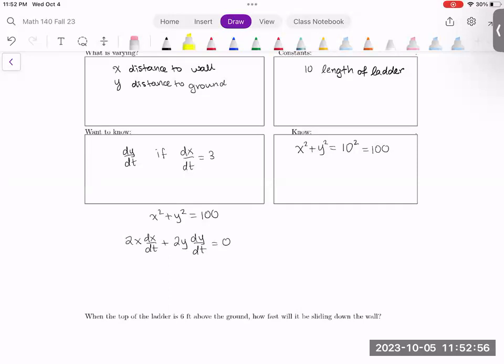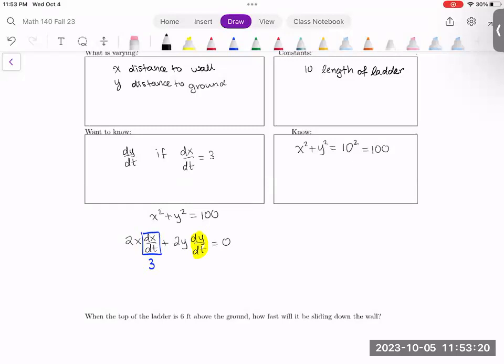What we want to know is dy dt, and what we know is that dx dt is equal to 3. So we can solve for dy dt in terms of x and y. I'm just going to move the other pieces over.